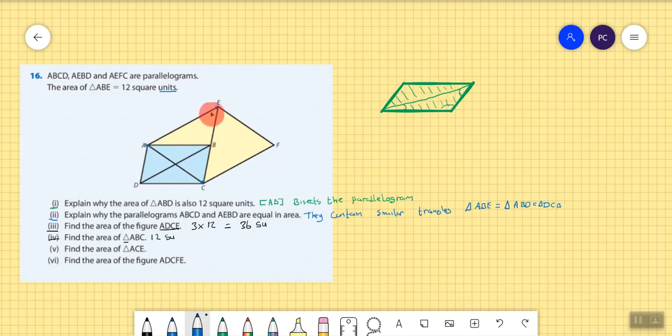We have this here makes part of it, and that's going to be 12 square units. Then we have this part here, which is the second part of it. The two of these together form the triangle it's talking about, and that's also 12. So 12 and 12 is 24 square units. So that's that one. Let's rub these out.